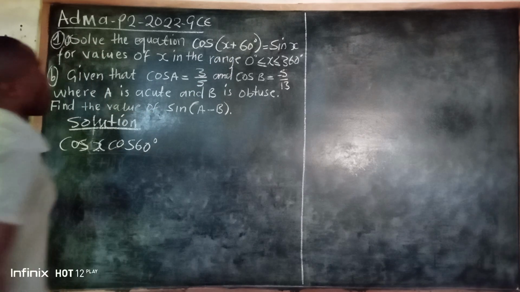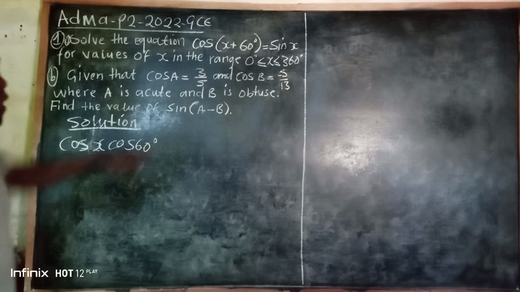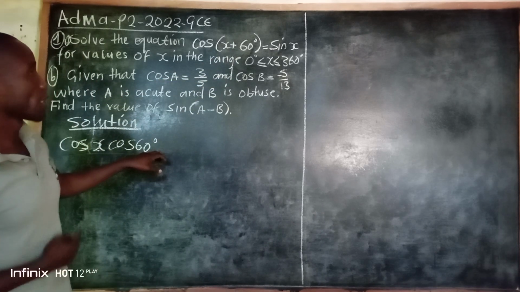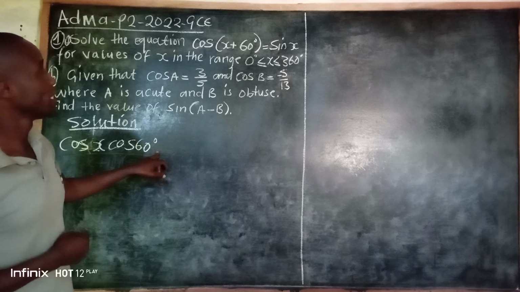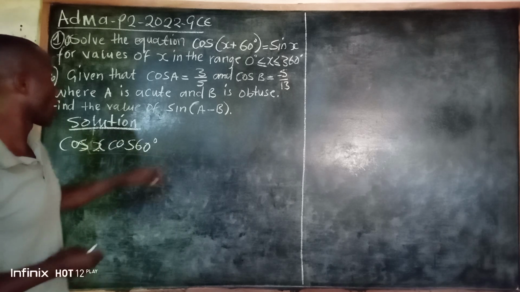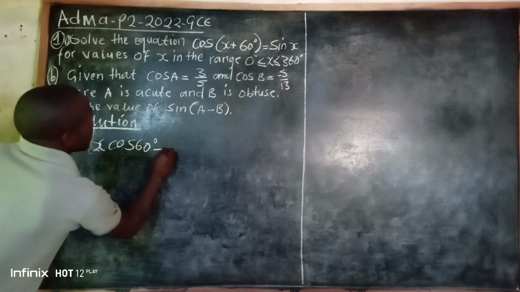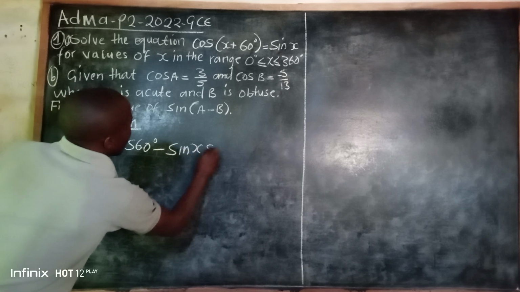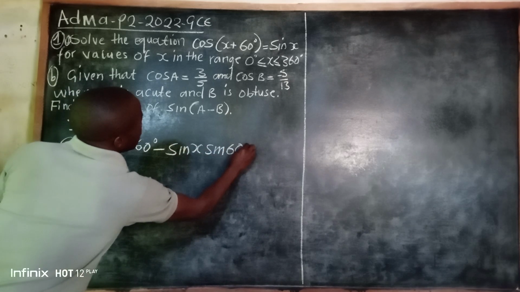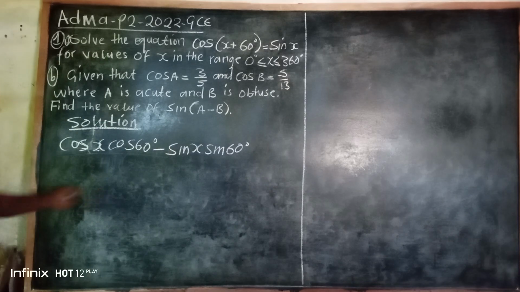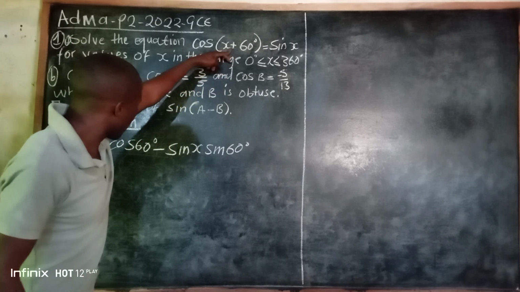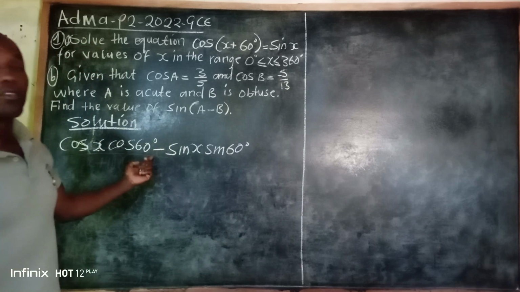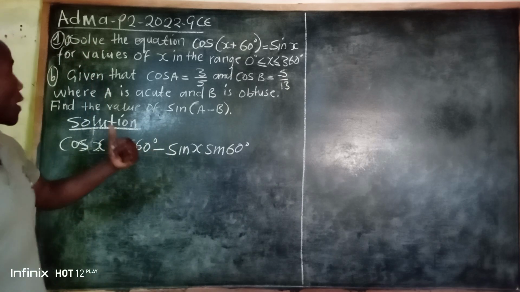And remember, when we are dealing with cos, where there is a plus, here we write minus in the addition formula. So it will be minus sine x sine 60 degrees. If we had a negative there, here it will be a positive. So you should master that concept.